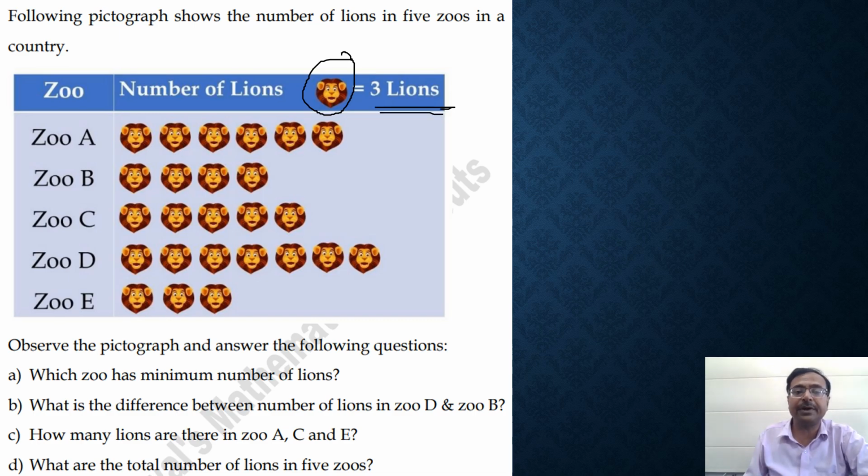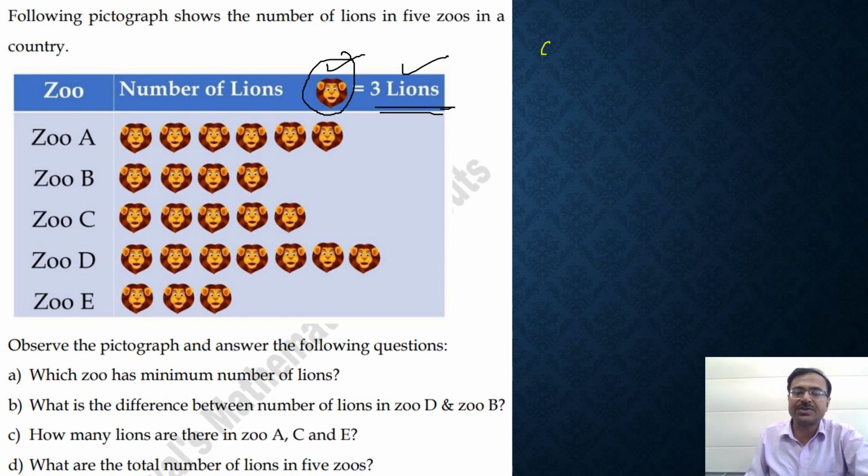Now this is very important. You know what is the unit representation? Means 1 unit. If you draw one figure, it represents 3 lions. So you have to actually count the number of figures in a zoo and multiply that by 3 to find out how many lions are there actually in the zoo, right? So that's a very important point in pictographs, the unit.